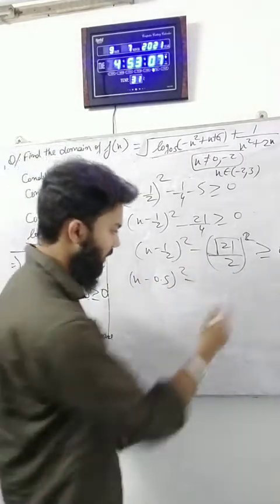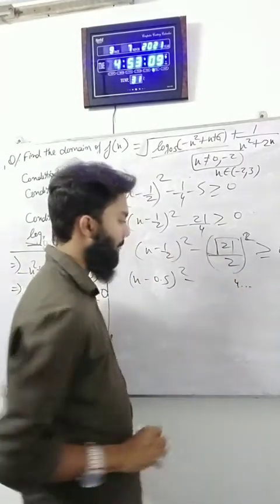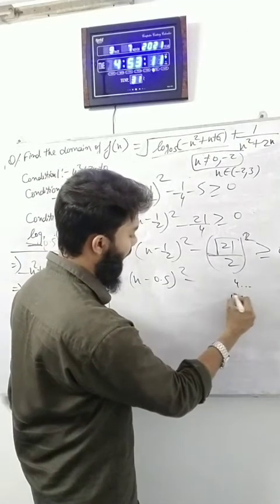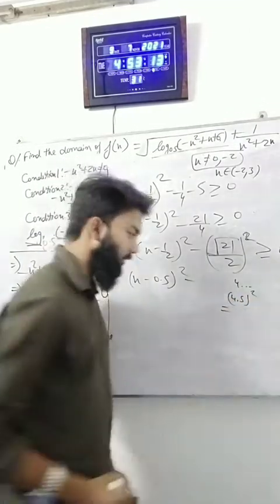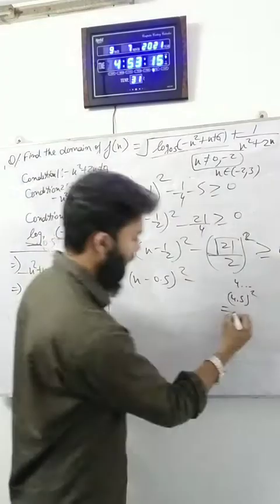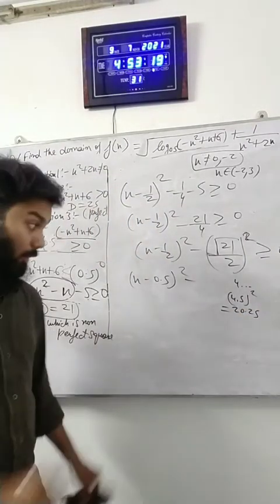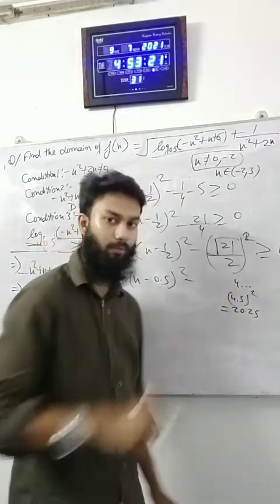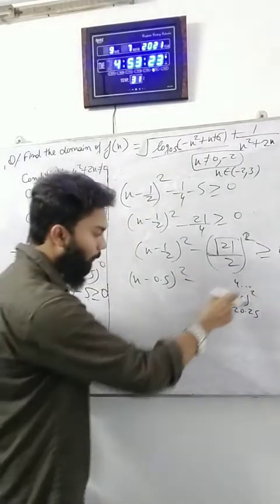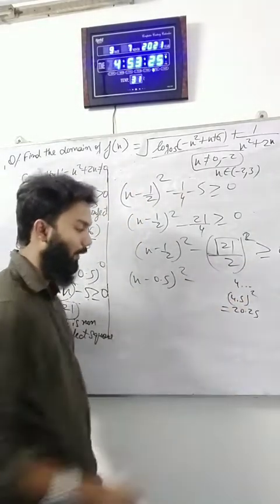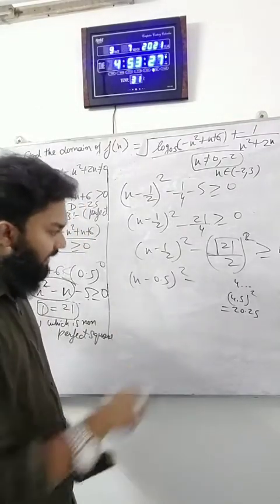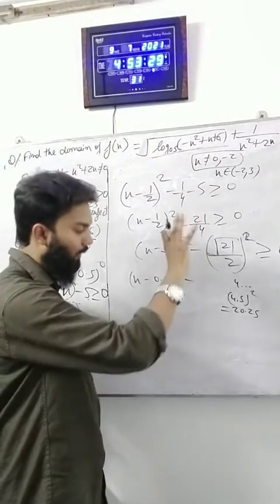So this value will be 4 point something. And we know that 4.5 raised to the power 2 is equal to 20.25, right? Because 45 square is 2025. We know that. So 4.5 square is equal to 20.25. That means it is slightly more than 4.5.